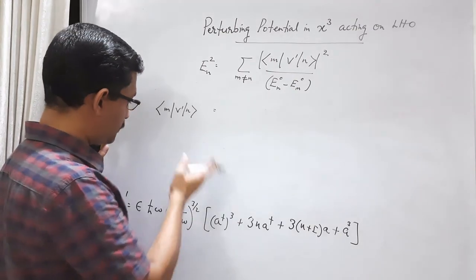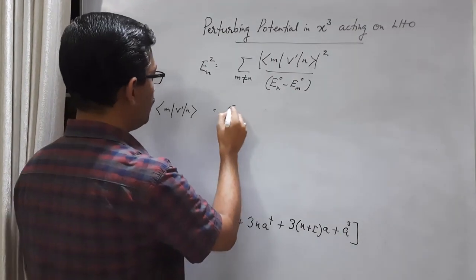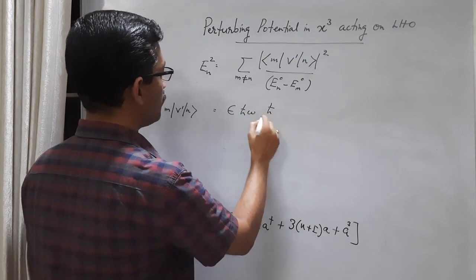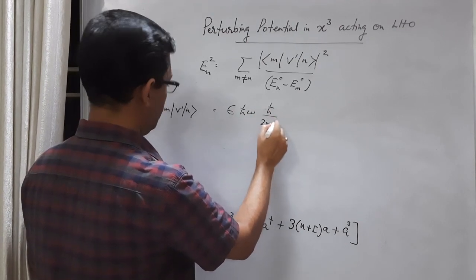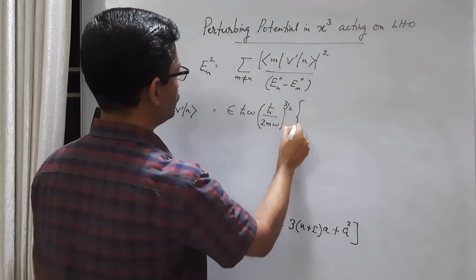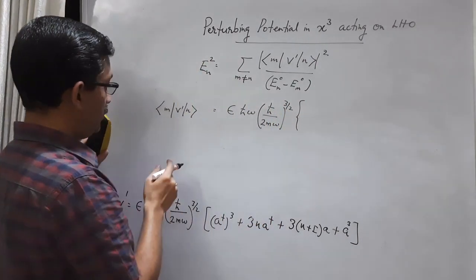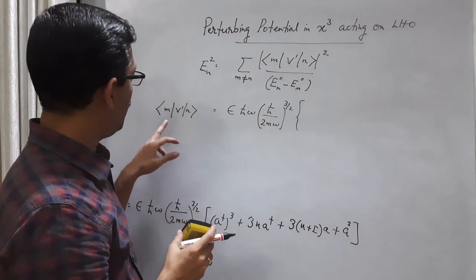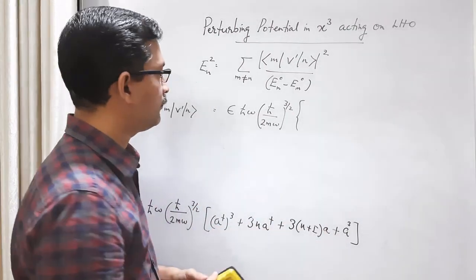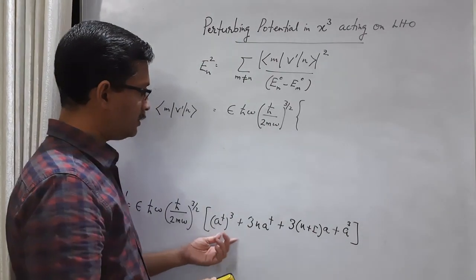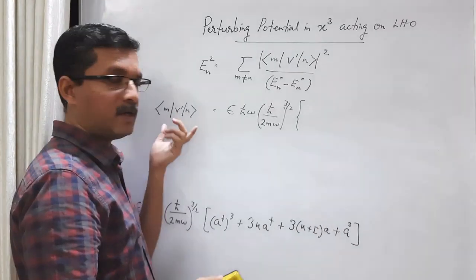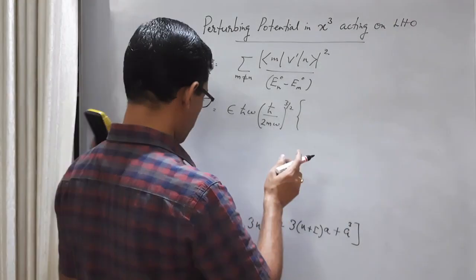If you substitute it here, we have ε ħω (ħ/2mω)^(3/2). Then we have ⟨m| this much acting on |n⟩. Since there are 4 terms here, we will have 4 matrix elements. So let me write those 4 matrix elements.